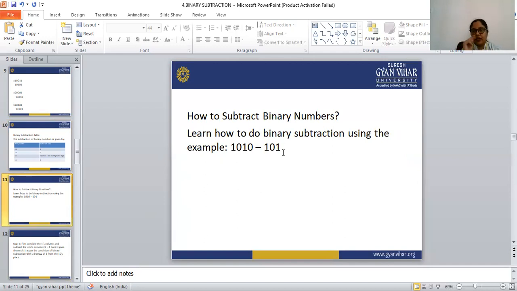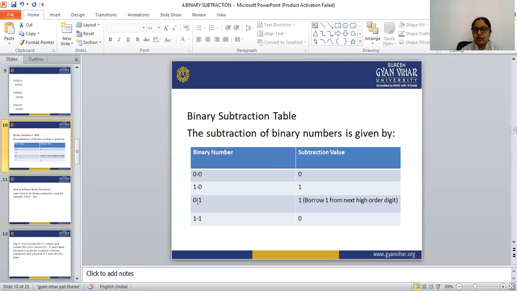That is the way of doing the subtraction. Look once again. 0 minus 1: the rule is the answer will be 1, but that 0 borrows 1 from the next digit.